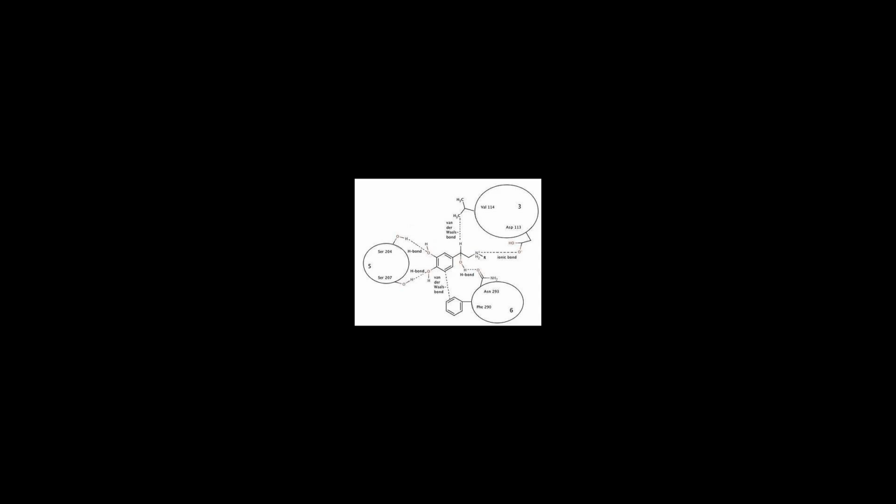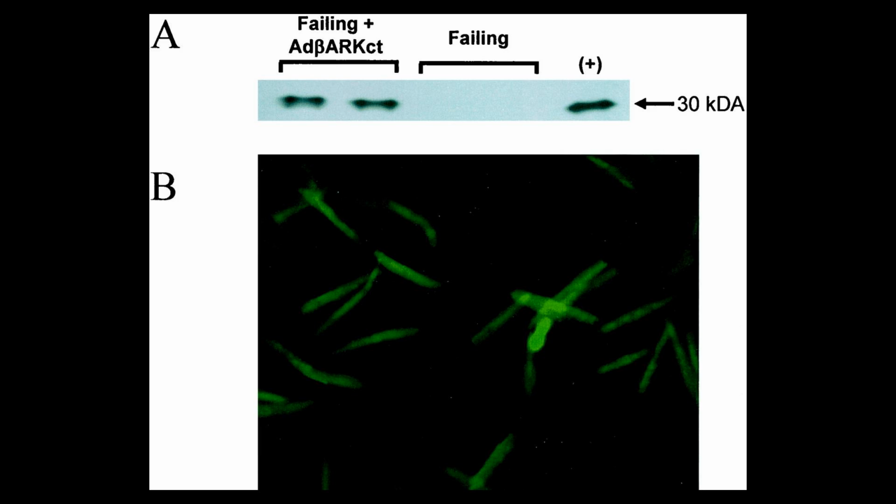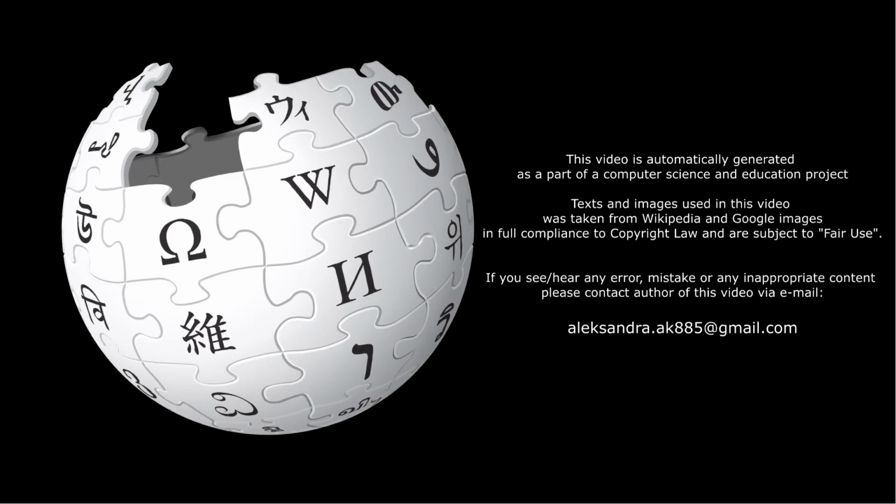The extraordinarily high GC content of the 5' flanking region, greater than 80%, helps define this region as a CpG island that may be a principal regulator of beta-ARK expression.